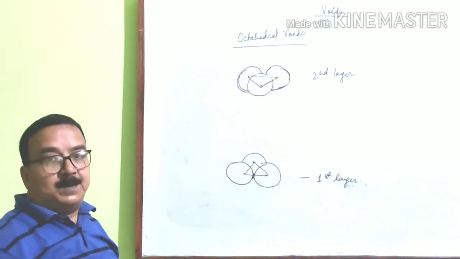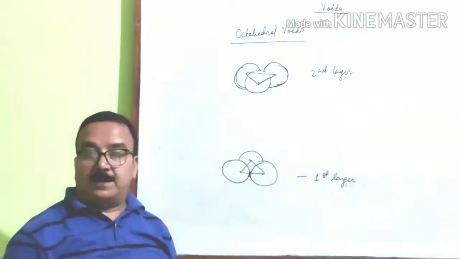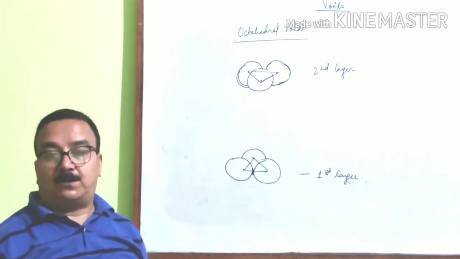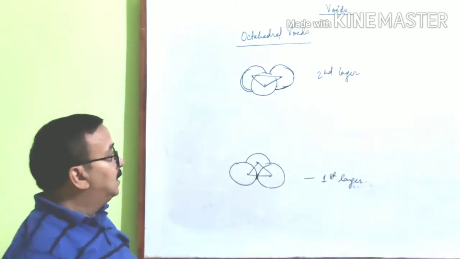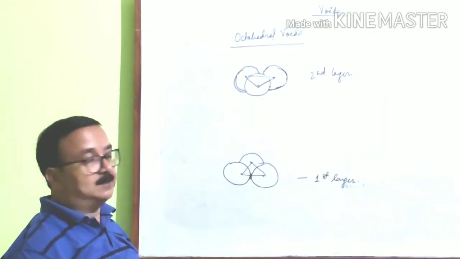If the apex of the triangle is the same, then a void will be formed, but that void will not be an octahedral void. For the formation of an octahedral void, the apex of the triangle must be in the opposite direction.